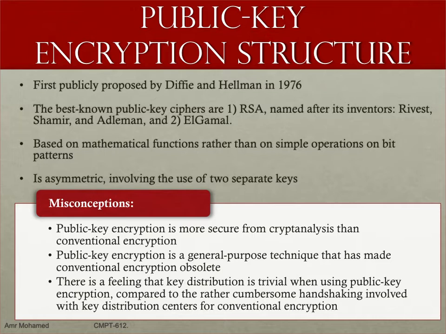It's asymmetric in the sense that we are using two keys, one public and one private. One is to be shared with everyone, and the other one identifies the source of the information. And that's why we said that to use public key for encryption or confidentiality, typically you would use the public key to encrypt and send confidential data to a particular entity.